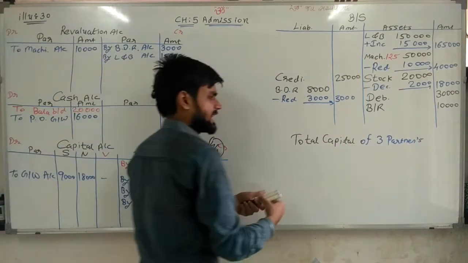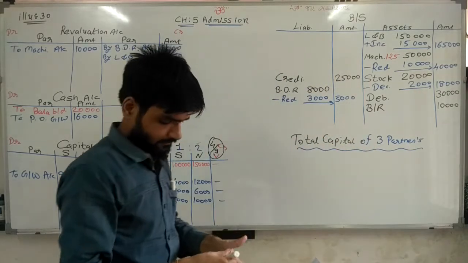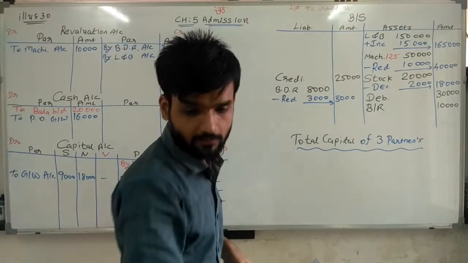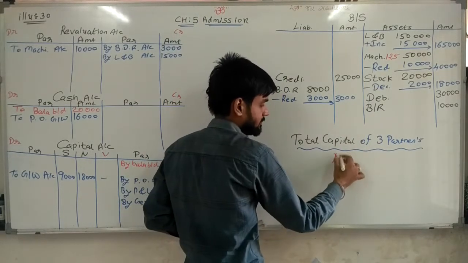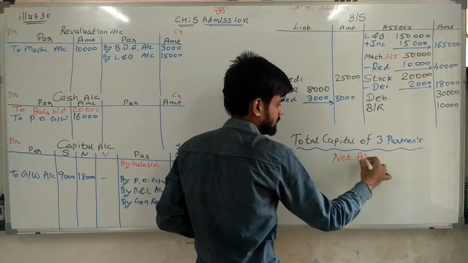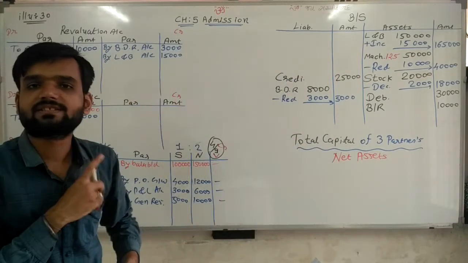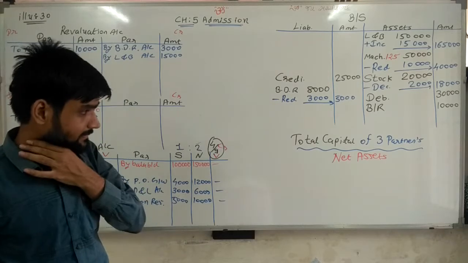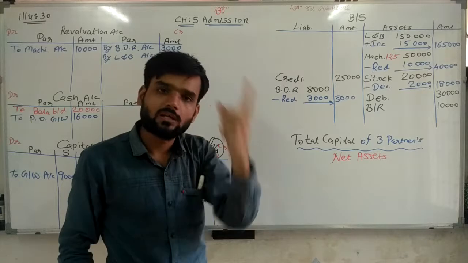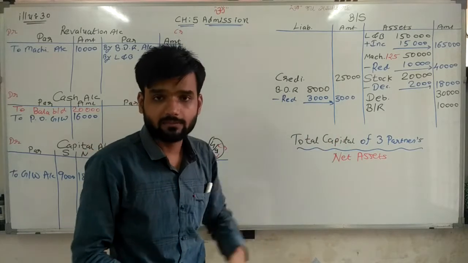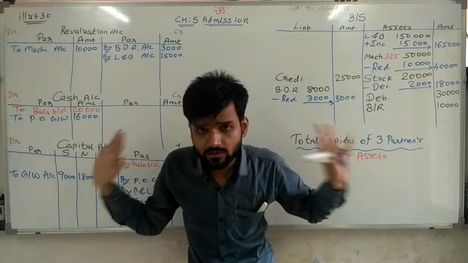It means net capital, it means net asset. 50% of net asset is brought by the partner. So the total capital of three partners is net asset. Both are the same. This is very important for this chapter.